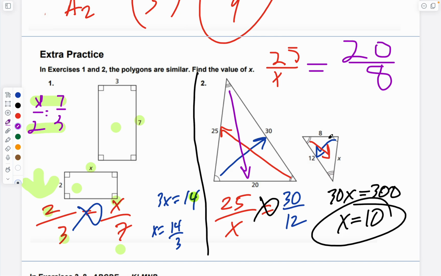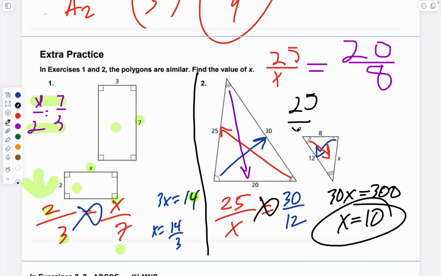You have to stay consistent, though. This is what I cannot do. I cannot go 25 over, what does 25 not correspond with?